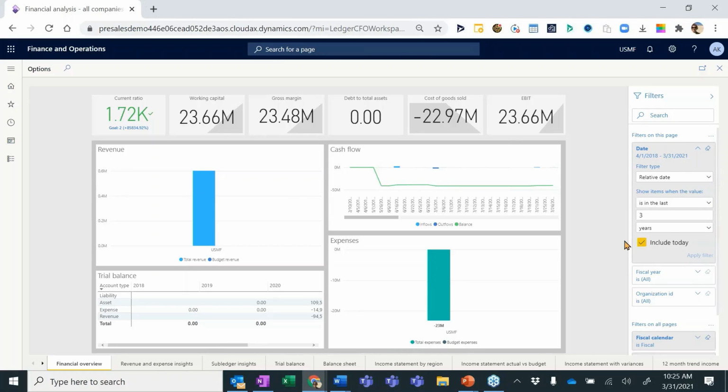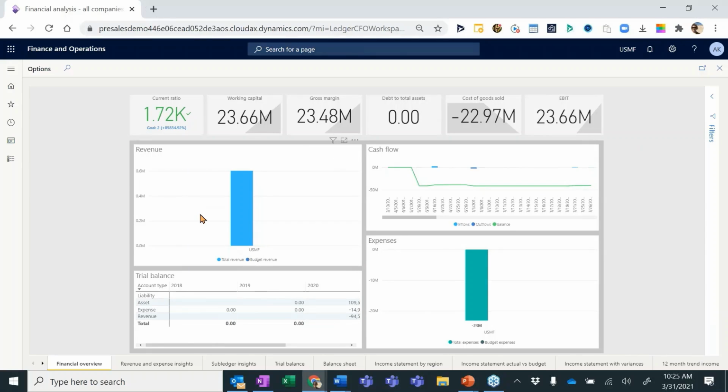I'm not going to flip the date. So I can look at my revenue, and this is revenue by company. This is my little mini skinny trial balance here for 2021. My expenses, my projected cash flow, capital. Looking at some of our current ratio, your assets versus liabilities. What's my current working capital, my GM, and then look at all these tabs I have down at the bottom here.